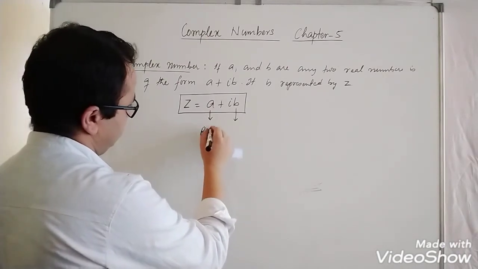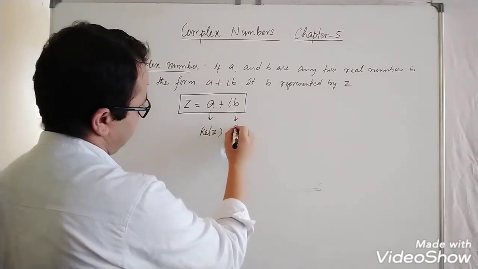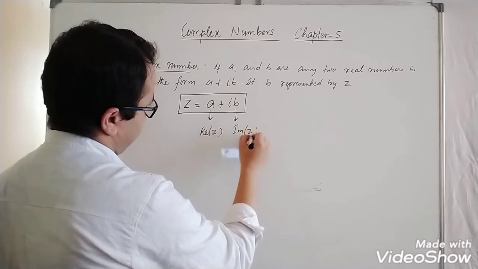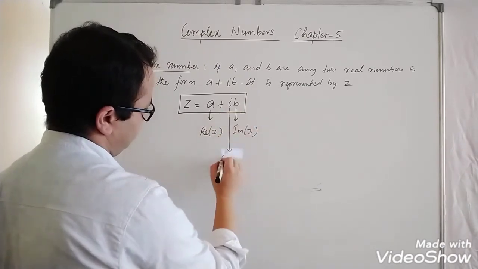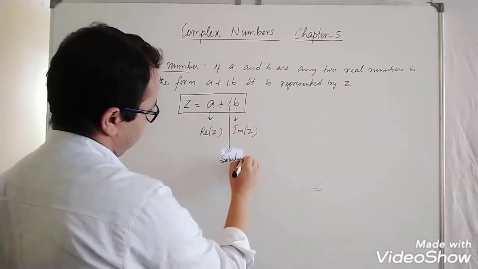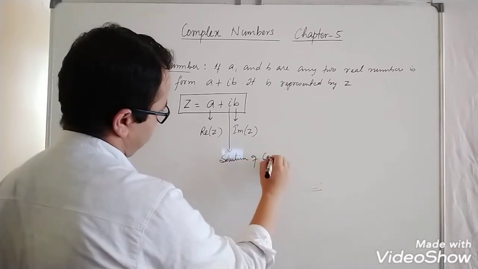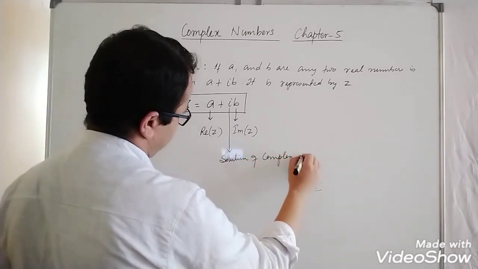This is Re z and this is Im z. So now what is i? i is the solution of a complex number.